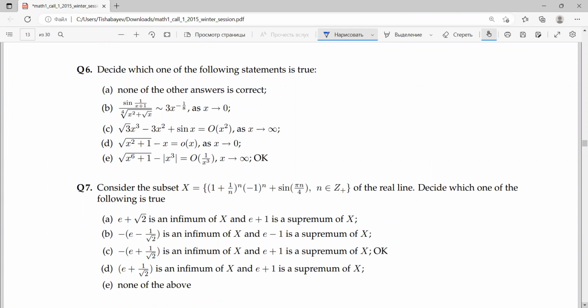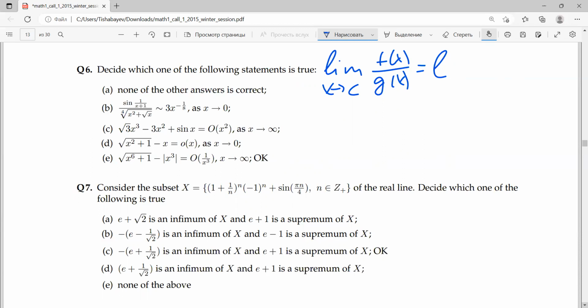Here again we are using the limit, as x tends to c, of f of x divided by g of x, which equals L. If L is any finite value, it will be big O. Finite value here means not 0 and 1, because 0 and 1 are special cases.